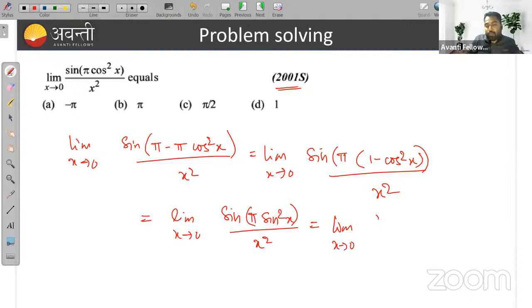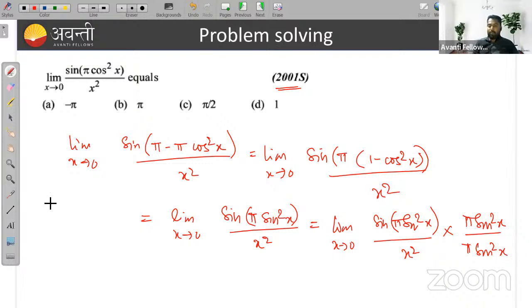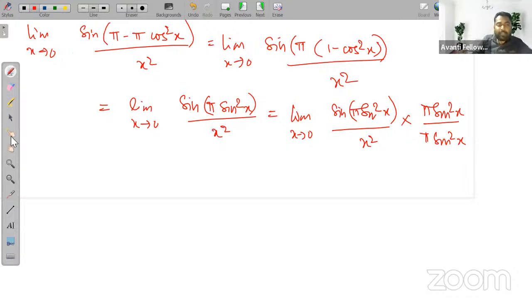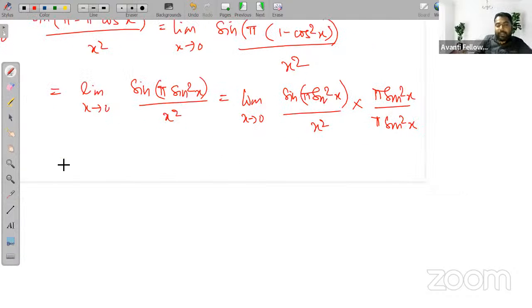Limit as x tends to 0 of sine of pi sin square x upon x square, into sine of pi sin square x multiplied and also divided by pi sin square x.